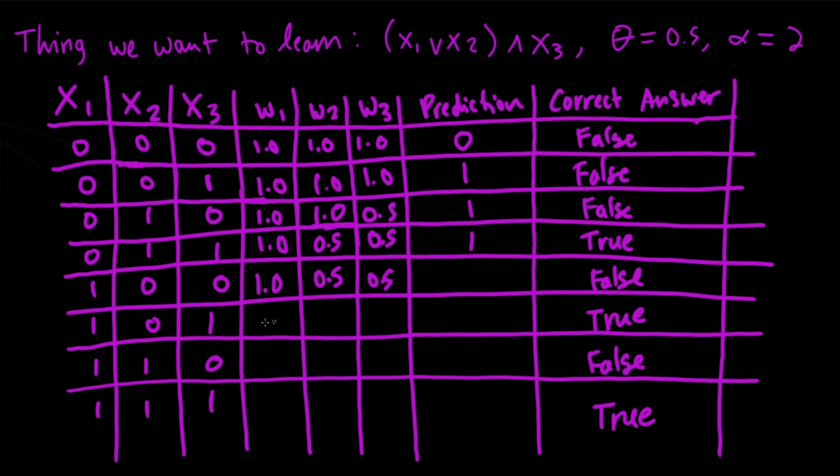Okay, perfect. Let's evaluate the next vector. The next vector is 1, 0, 0, so we're only going to use feature 1 and weight 1. So we're going to do 1 times 1, which equals 1. 1 is greater than 0.5, so we're going to predict a 1. Notice that the correct answer is false or 0, so we predicted incorrectly.